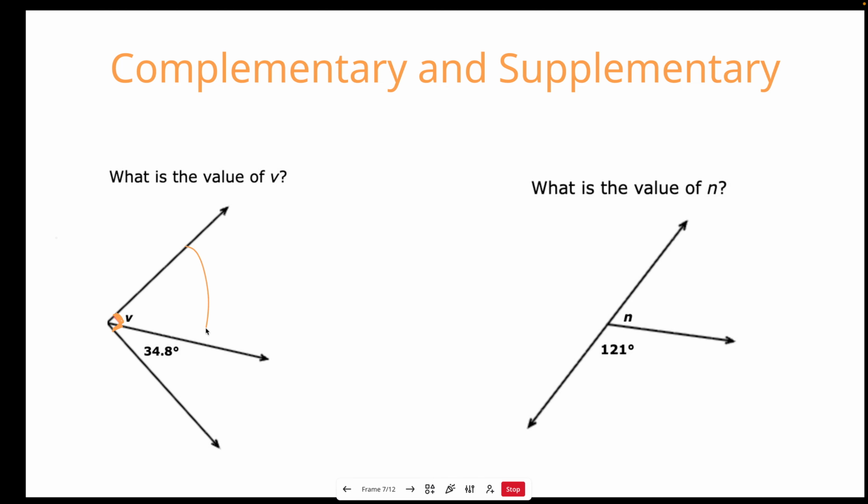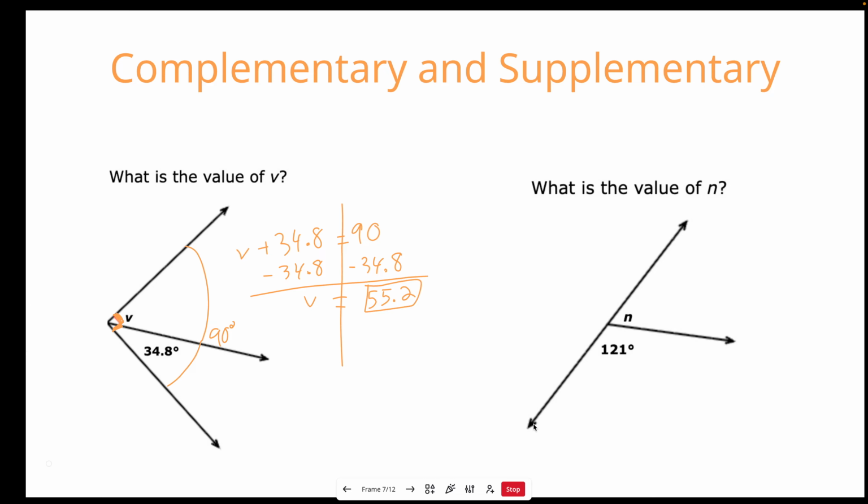So that means that this angle plus this angle has to be 90 degrees. And so again, V plus 34.8 equals 90. A bit tougher to do in your head, but here is the algebra work. You should end up with a final answer of 55.2.